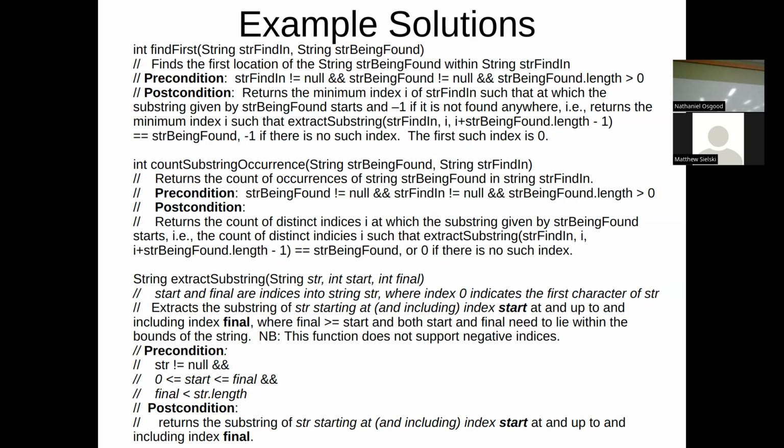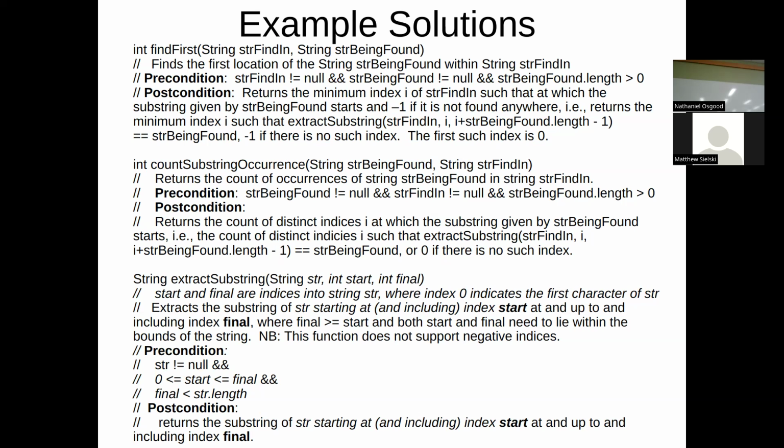Now, this first one is the one I gave you, the sure being found and sure find in here. You need to break it down. We're going to return the count of distinct indices. They've got to be distinct.